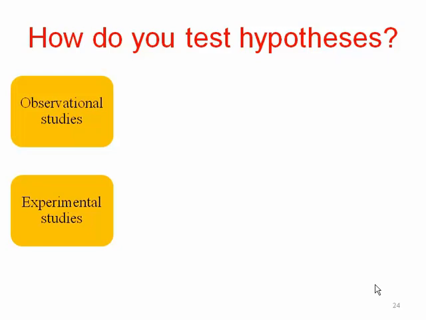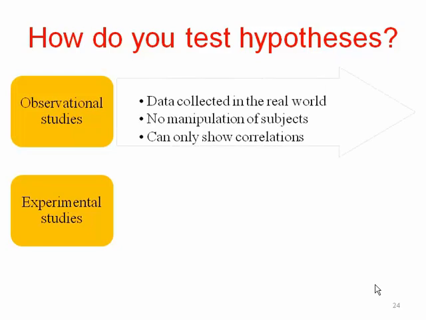So how do you test hypotheses? It depends on whether you're talking about an observational study or some sort of experimental study. In an observational study, you would collect data in the real world. You don't have any way to really manipulate subjects or materials, and you can only show correlations. This would be an example of what happened with the stratospheric ozone problem.